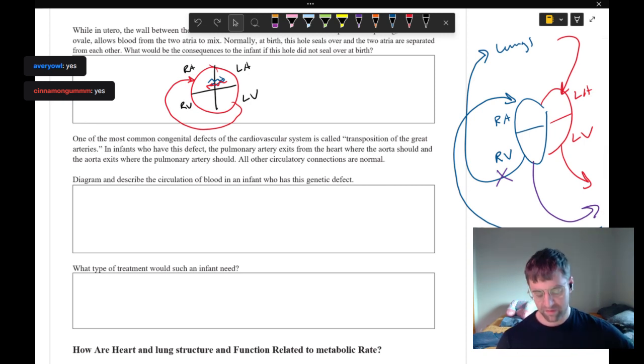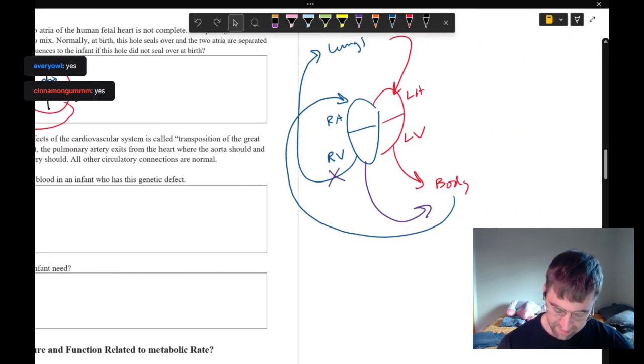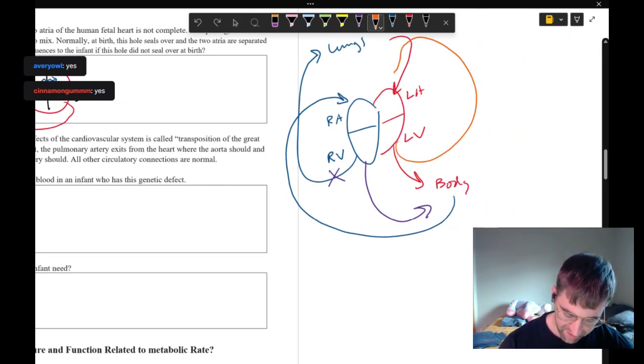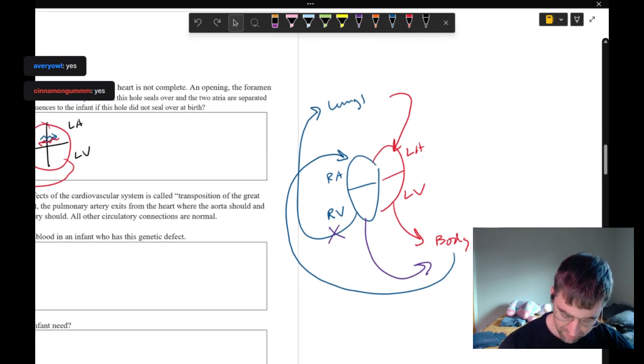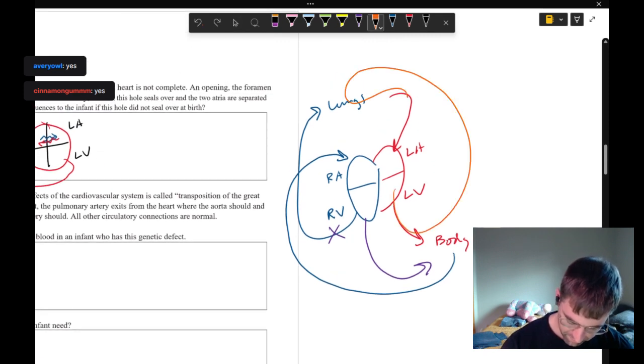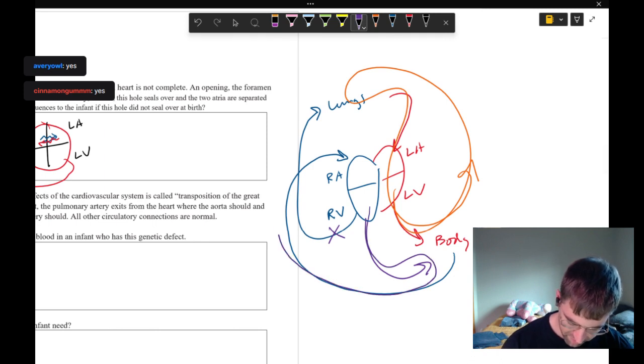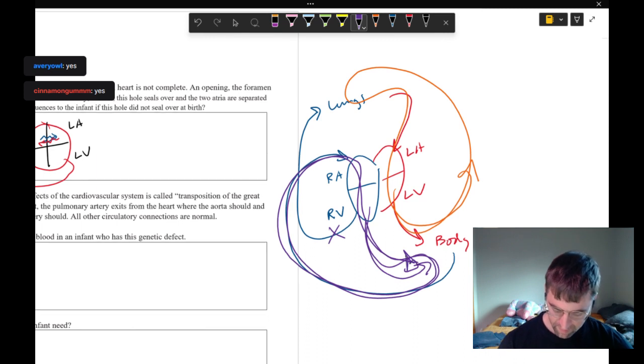What type of treatment would such an infant need? I actually want to redraw that. So we have our faulty circuit. The solution is actually the problem that we named in the previous question.